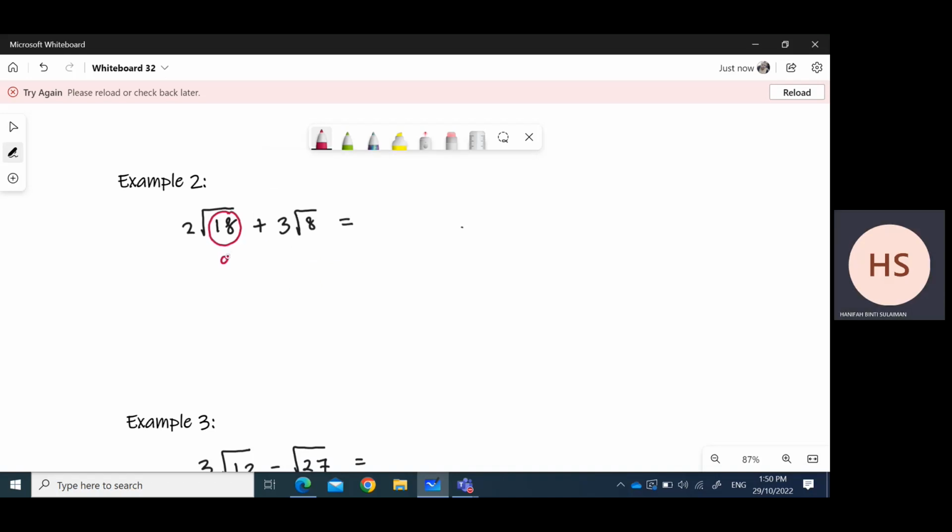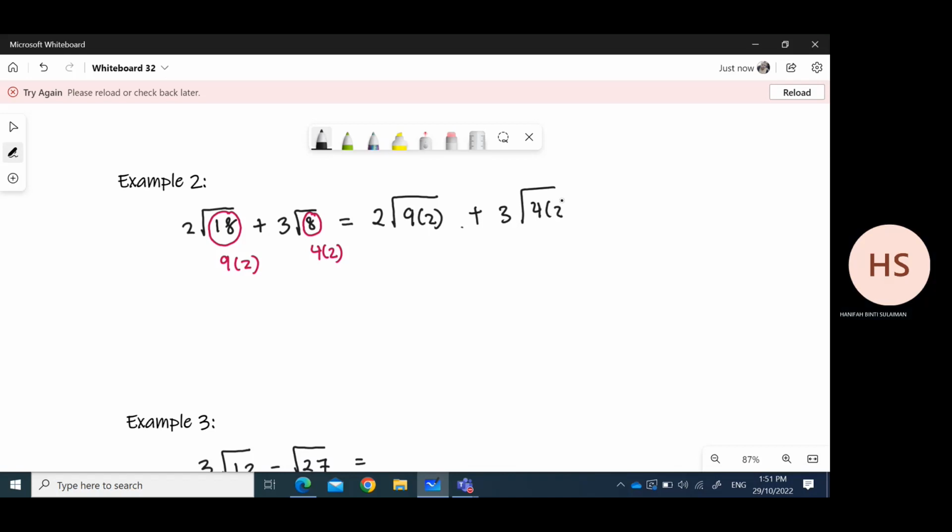Then we have 9 times 2. And for 8, we also can factorize it. Then we have 4 times 2. Okay, so it is also equivalent to 2 times square root of 9 times 2, and then plus 3 square root of 4 times 2.